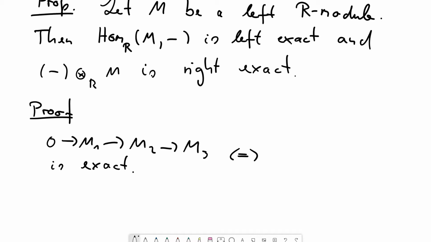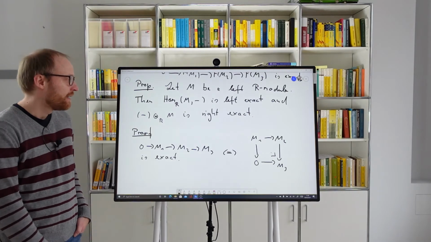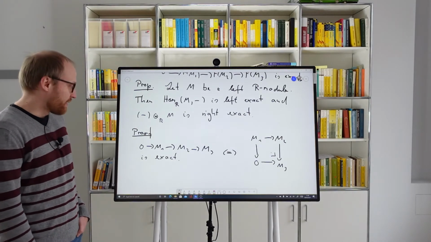M1, M2, M3. Yeah, so this portion of the diagram is just this portion here. And here I go to 0, and then I go to here. And if this square here is actually a pullback square, then this means exactly the same thing as if this sequence here was exact. So let's convince ourselves about this.